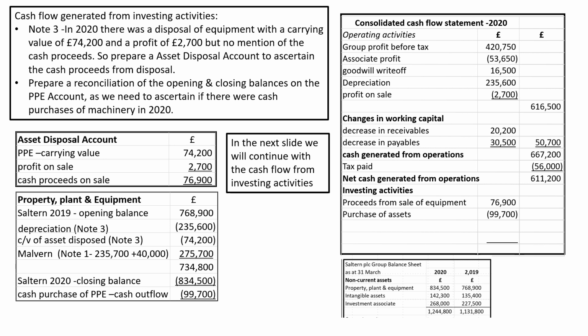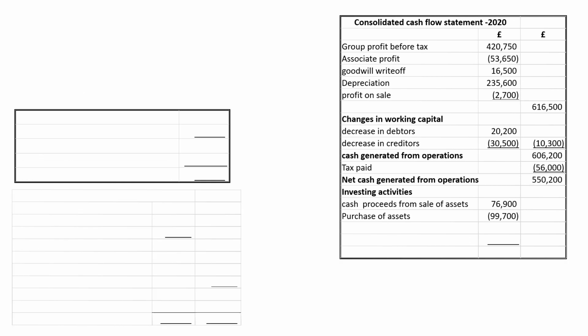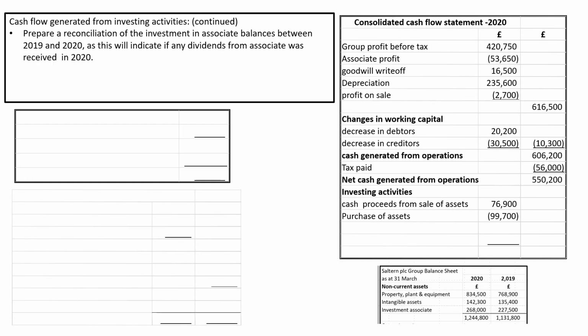Finally, we can look in the next slide. We're going to continue with the cash flow from investing activities. Right, continuing with our cash flow generated from investing activities, if we look at the data set of Salton plc's group balance sheet between 2020 and 2019, we see an item called investment in associate, which the balances differ between 2020 and 2019.